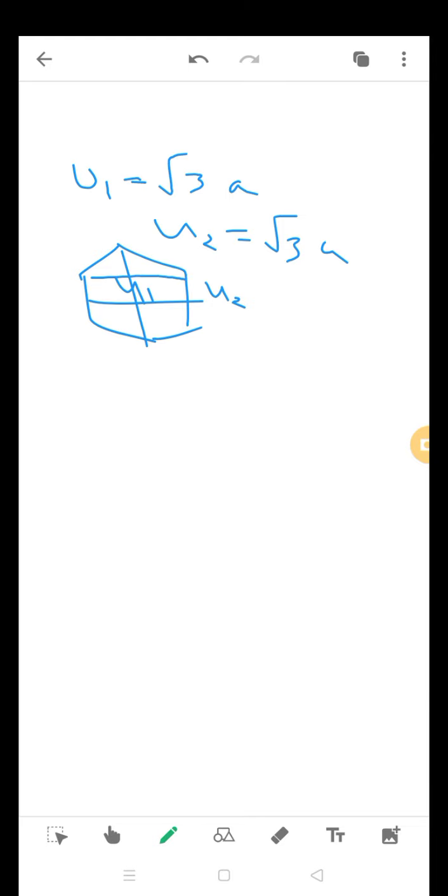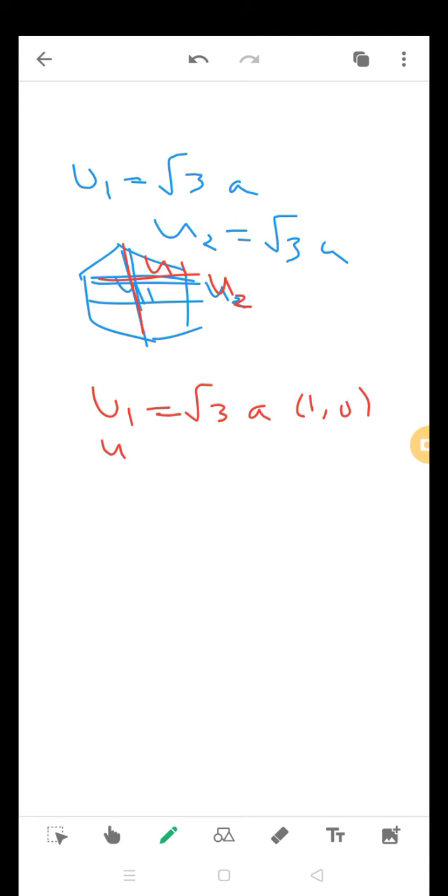No, this is U2, not this one. So this is U1 and this is U2. So in terms of coordinates, we can write the value of U1 as equal to root 3a, 1, 0, because it is in the vertical direction.